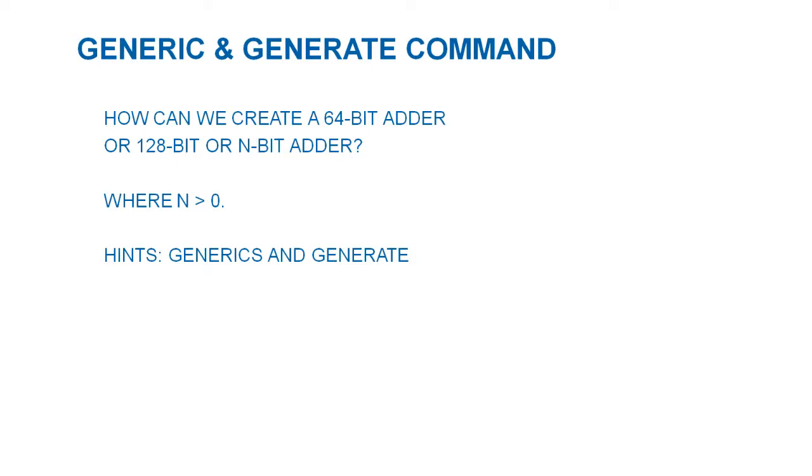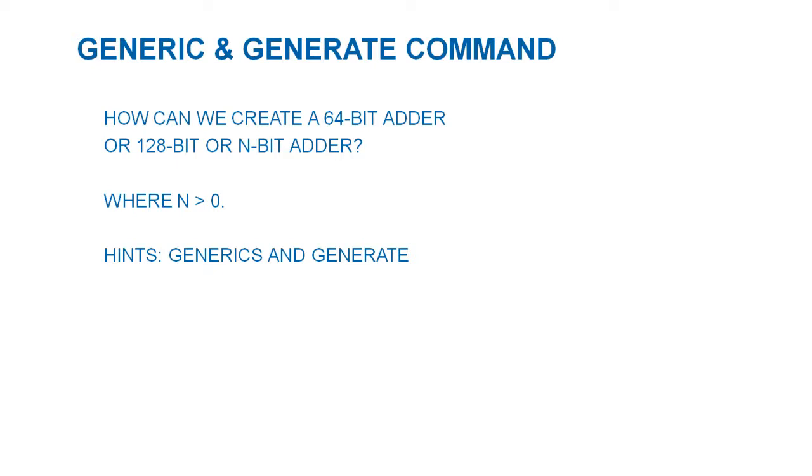And then, here is an example or a question. How can we create a 64-bit adder? And perhaps how can we create, without doing too much work or changing of the module, a 128-bit adder?